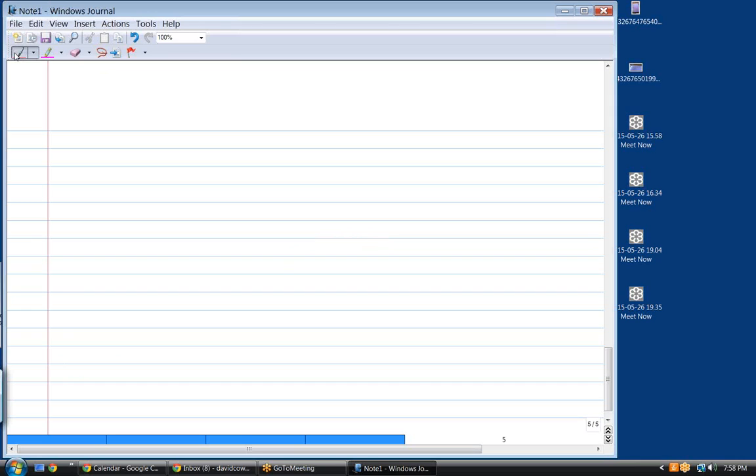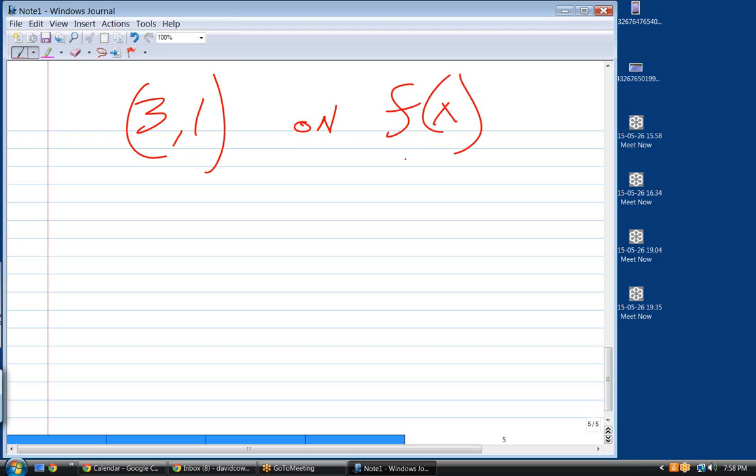Alright. So, this one says, suppose the point (3, 1) satisfies the function f of x. What point would satisfy g of x equal to negative 2 f of (x over 2) plus 1?